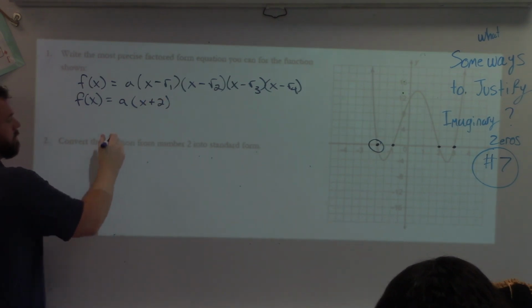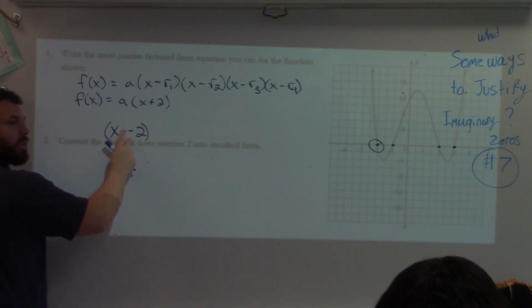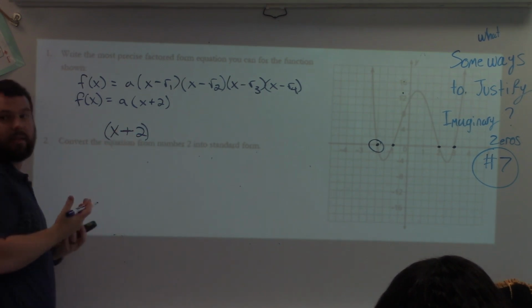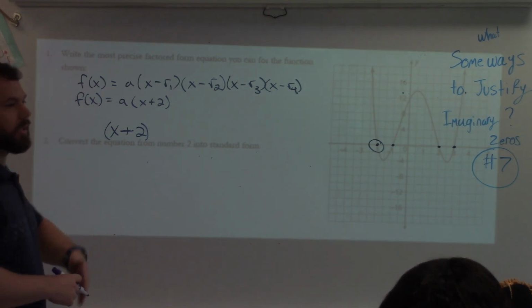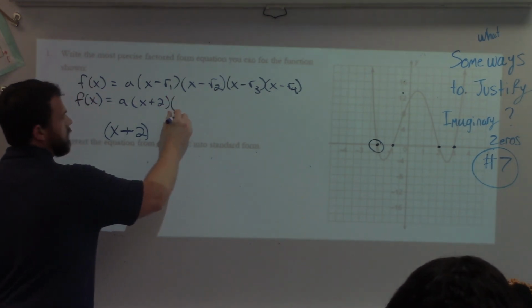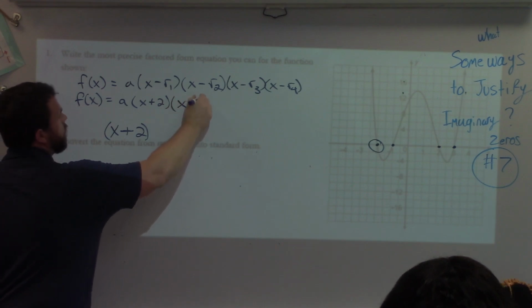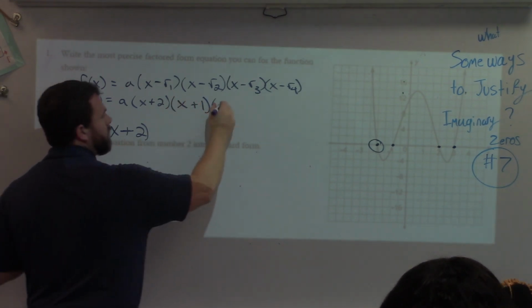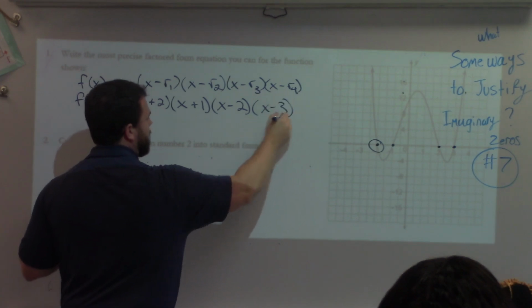Why is it plus? You always need the opposite. Remember, we talked about that. Because if I subtract a negative, what is subtracting a negative the same as? Adding. Like that's what we get when we subtract a negative. We always end up with the opposite, right? So it had to be x plus 2, then x plus 1, whew, then x minus 2, and x minus 3.